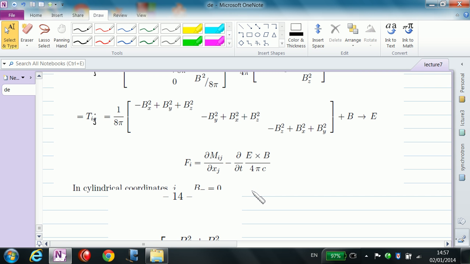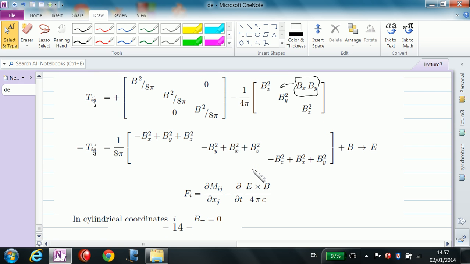No, is that right? I'm not sure how to explain this term offhand. But the point is, if you take the divergence of Tij, which is dTij dx sub j, I don't know why I called it m sub ij here, it should give you a force.